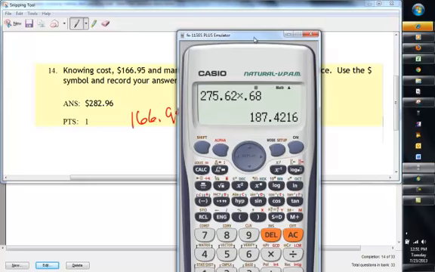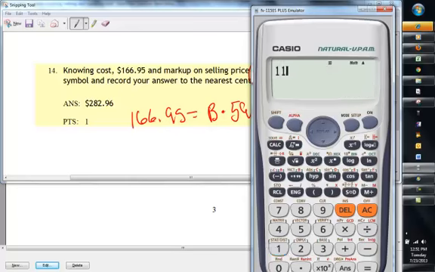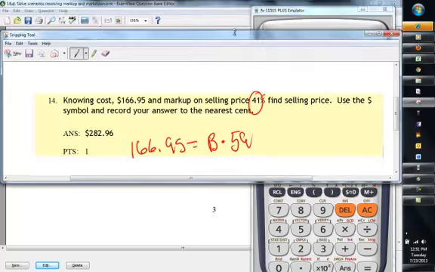So we would take 166.95 over 0.59 gives us 282.97, I get. Okay, so that is our lesson for today, 1.6.D.